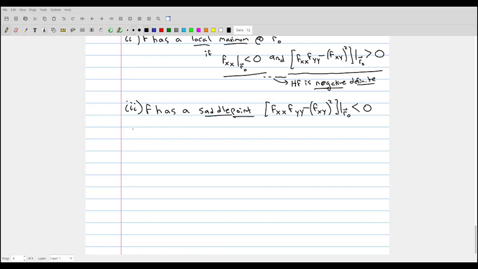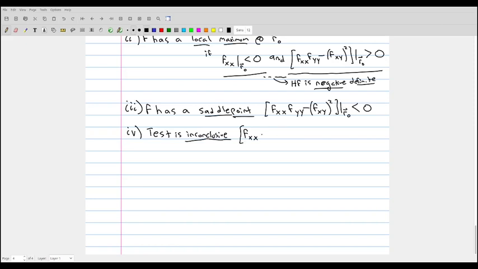And the fourth result we can have is that the test is inconclusive, or doesn't actually tell us anything about the critical point, if this expression is equal to 0.